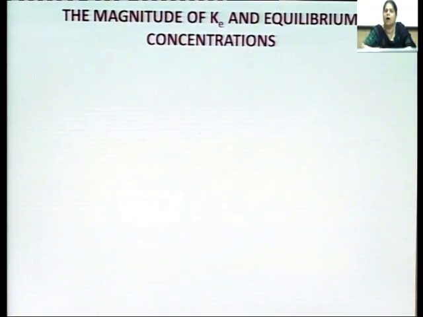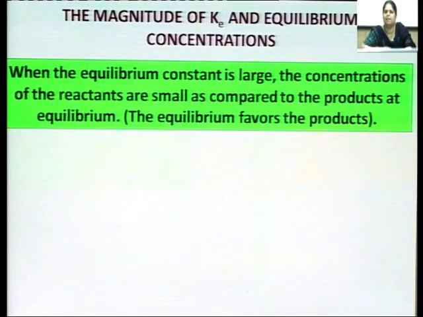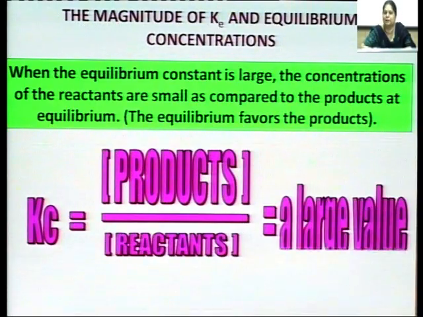Now, how are the magnitude of the equilibrium constant and the equilibrium concentrations related? When the equilibrium constant is large, the concentration of the reactants is small as compared to the products at equilibrium, or we can say the equilibrium favors the products. So, this can be animated in this form.